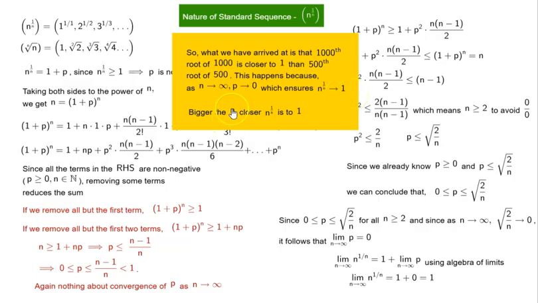So bigger the n, closer n to the power of 1 by n is to 1. Remember why we call them standard sequences? Because they are very useful in non-standard sequences. Okay, so that was the nature of standard sequence n to the power of 1 by n.